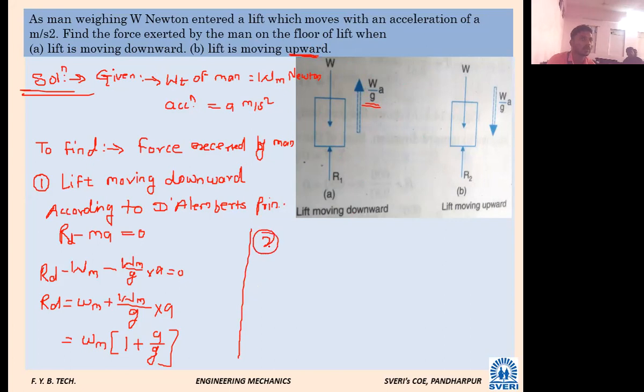Second, now similarly you can find, lift is moving upward. काय होईल आता, सेम R U म्हणू का मी, अपवर्ड फॉर्स R U minus m a इक्वल टू 0.